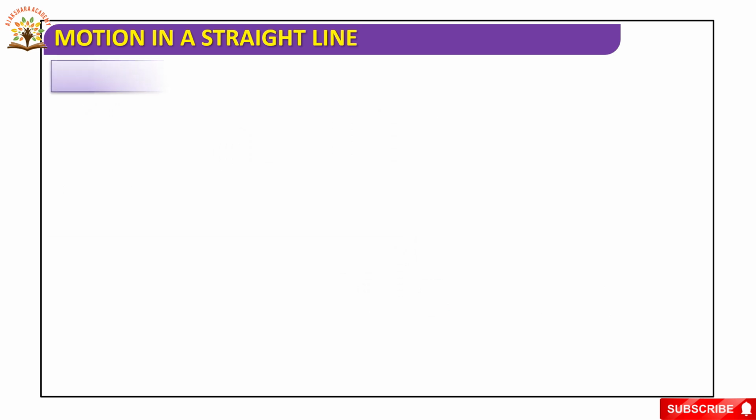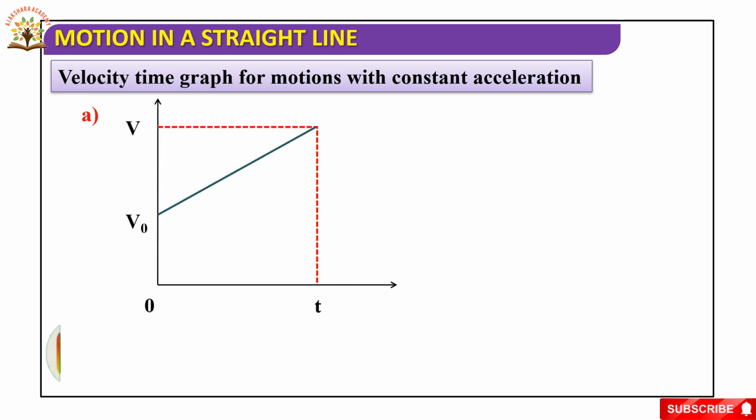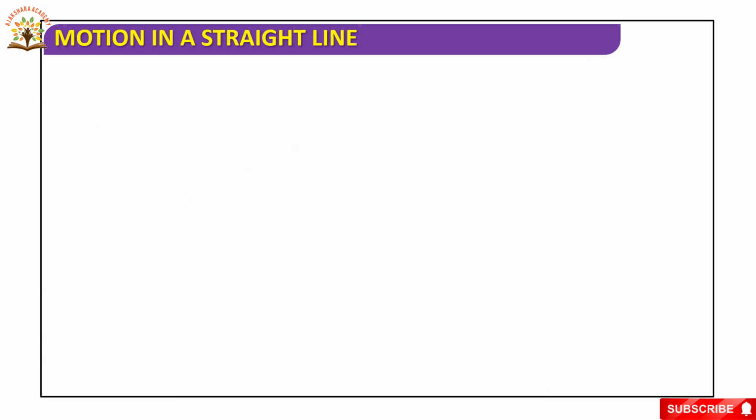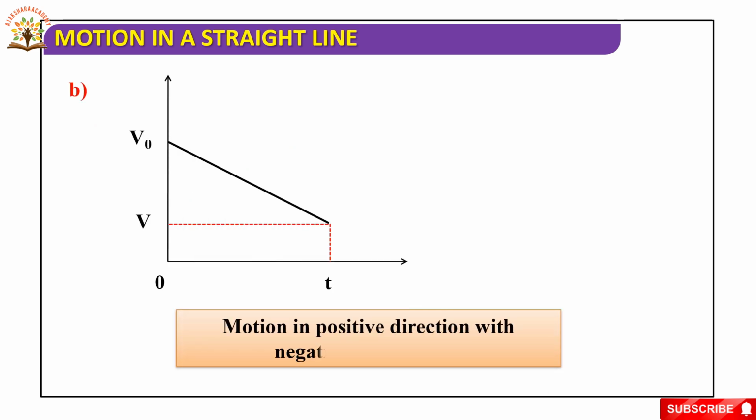Next, velocity time graph for motion with constant acceleration. In the first graph, time is along the x-axis and velocity along the y-axis. Motion in the positive direction with positive acceleration. Next, in this situation, motion in the positive direction with negative acceleration.